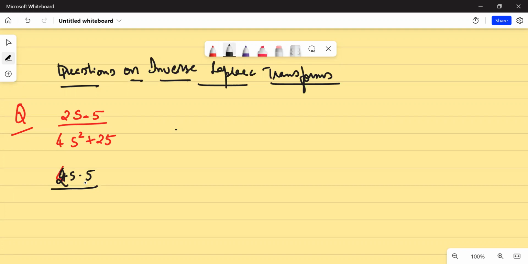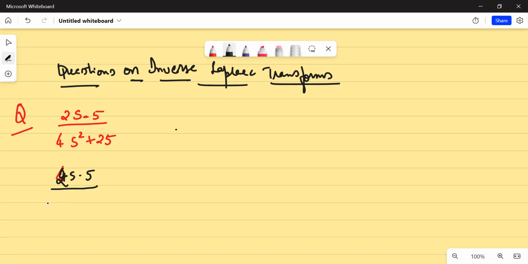For example, the Laplace transform of sin at is a upon s square plus a square, the Laplace transform of cos at is s upon s square plus a square, and for the exponential e power at, the Laplace transform is 1 upon s minus a. So all these things you know.